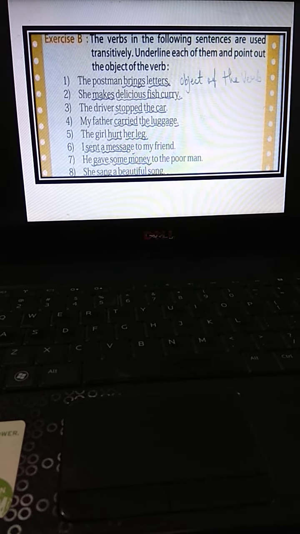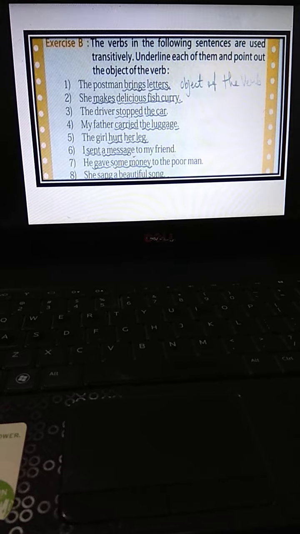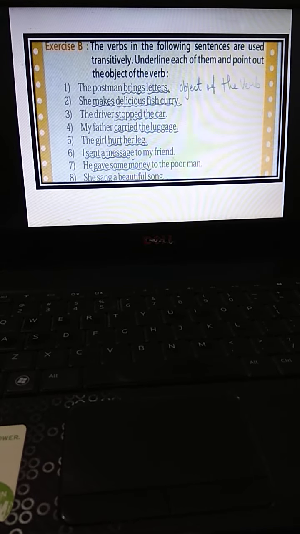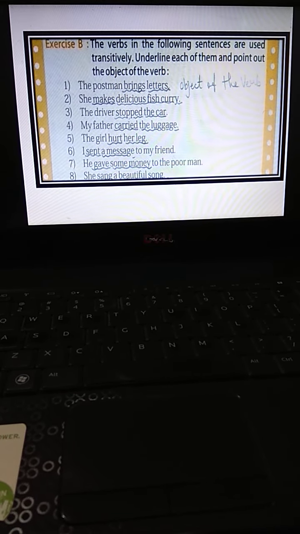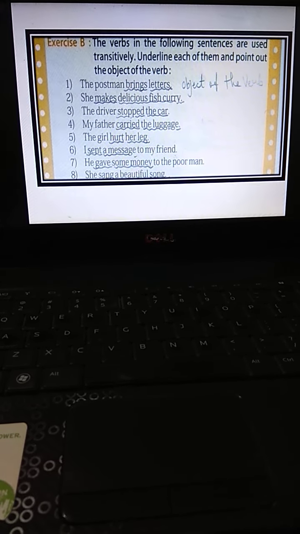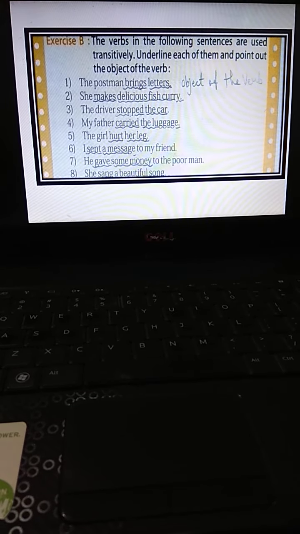B. The verbs in the following sentences are used transitively. Underline each of them and point out the object of the verb. So what do we have to do?